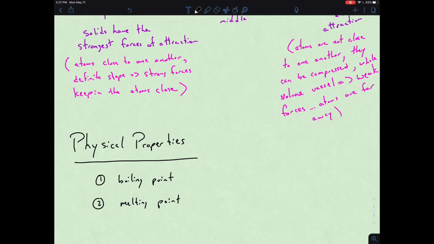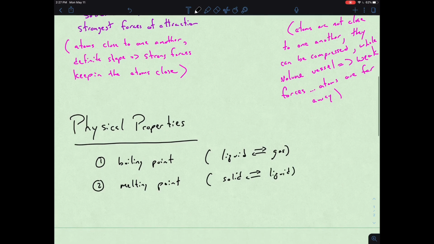Boiling point is basically going between liquid and gas. Melting point would be solid and liquid. Boiling point is also the condensation point. Melting point is also the freezing point.